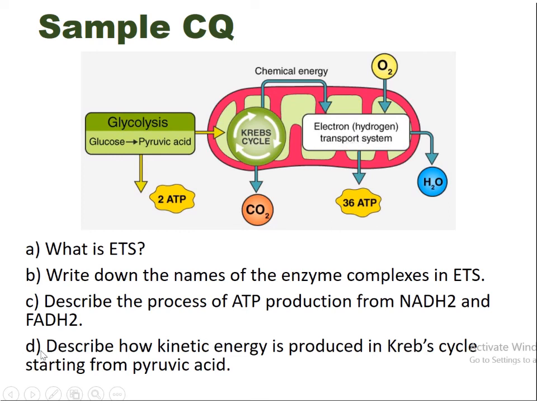And finally, you have to describe how kinetic energy is produced in the Krebs cycle, starting from pyruvic acid. That means the pyruvic acid enters the Krebs cycle by producing acetyl CoA, and then it produces NADH2 and FADH2. So you have to describe the kinetic energy production in this Krebs cycle.